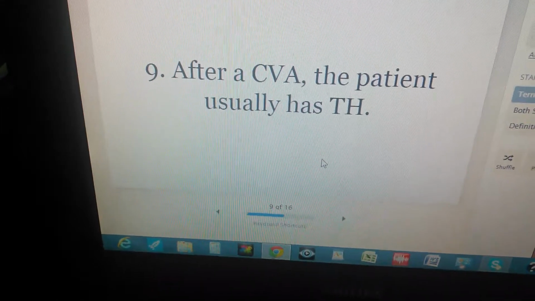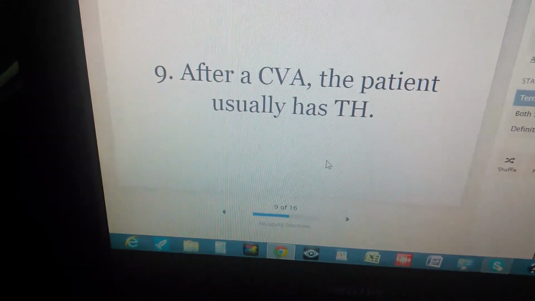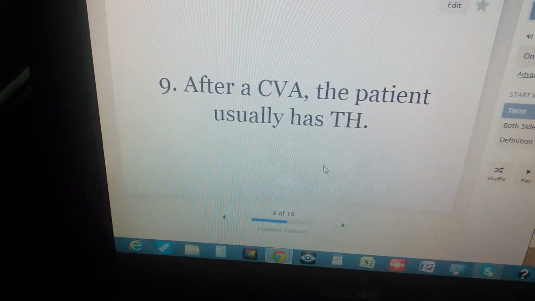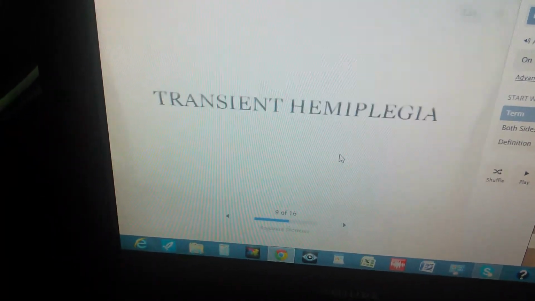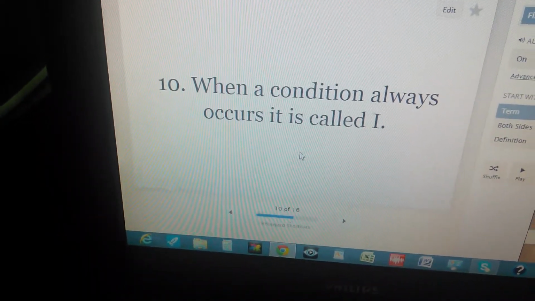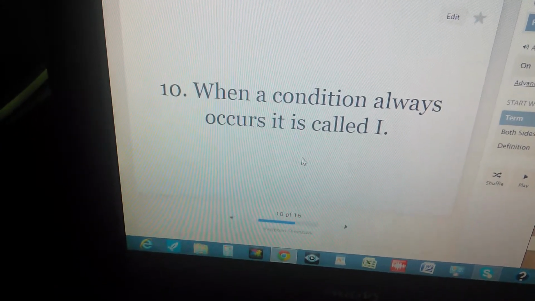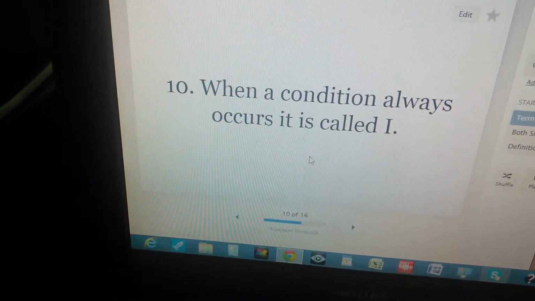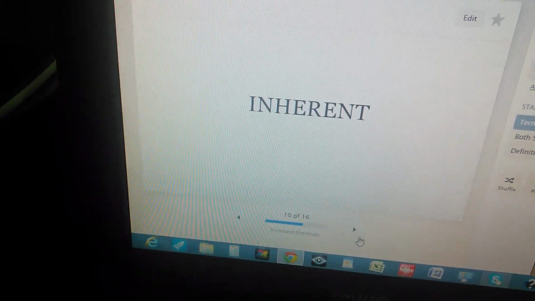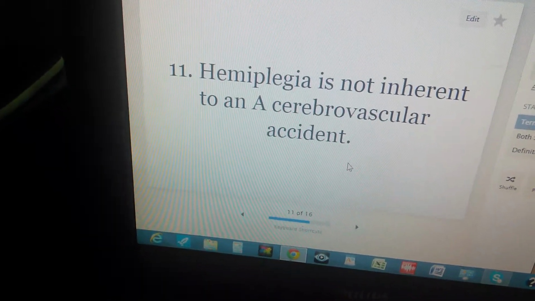9. After a CVA, cerebrovascular accident, the patient usually has TH. Transient hemiplegia. 10. When a condition always occurs, it is called I. Inherent. 11.